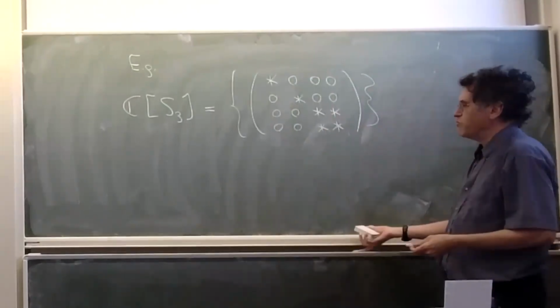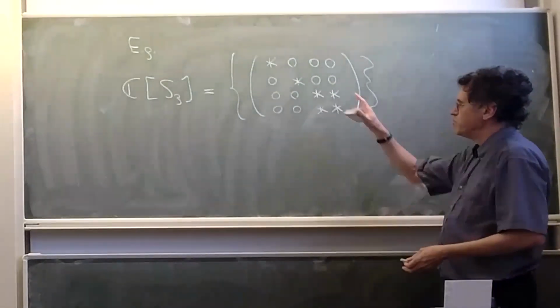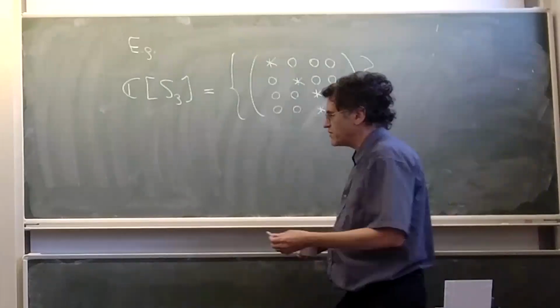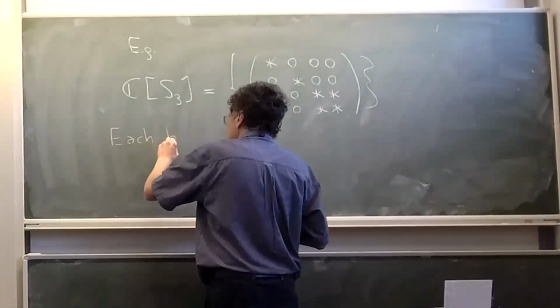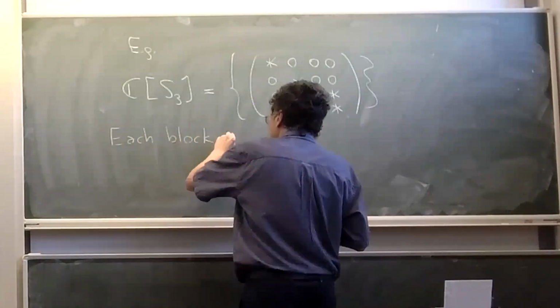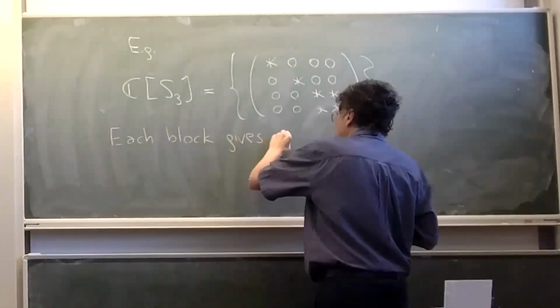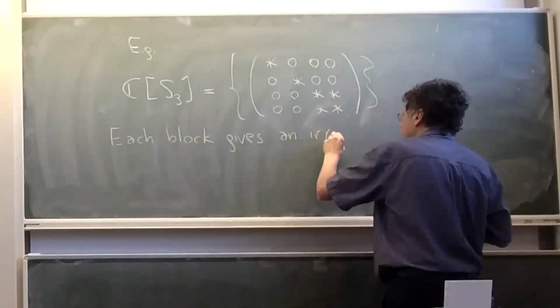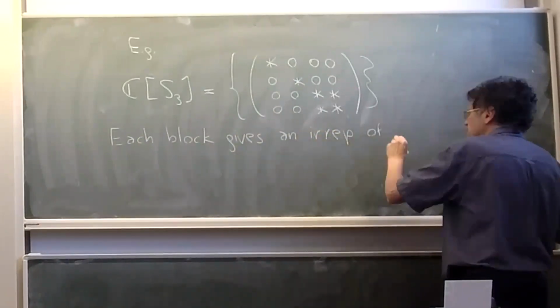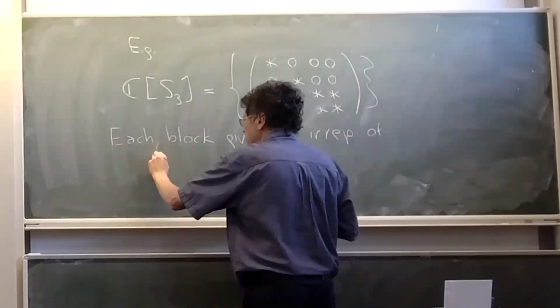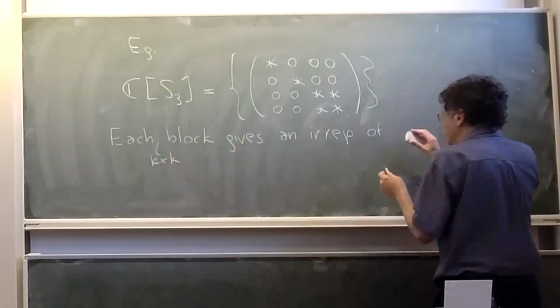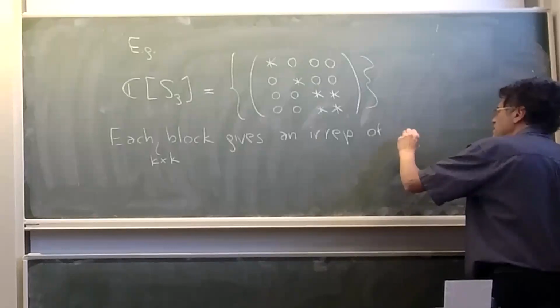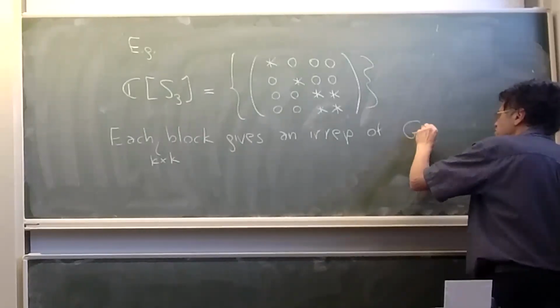But the point is that in general, each block gives you an irreducible representation of G. Let me say it like this: each k by k block gives an irreducible representation of the group.